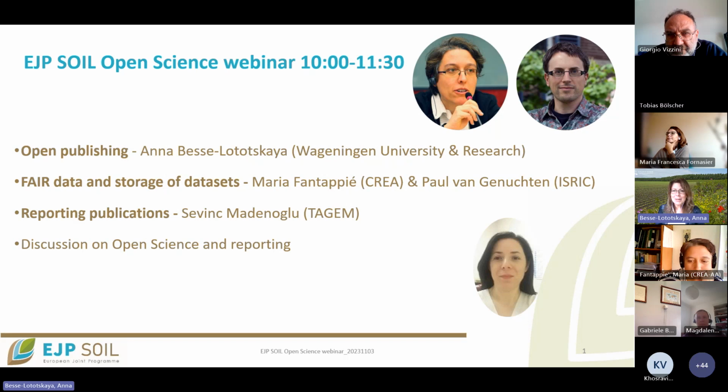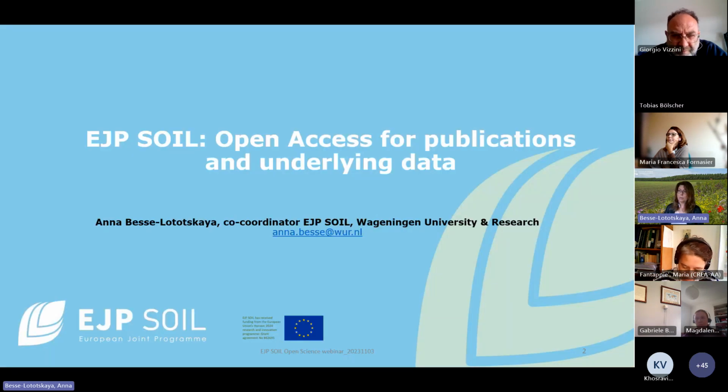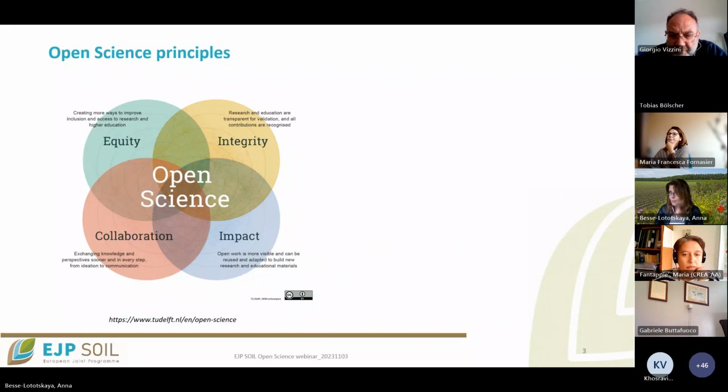So I'm going to start with the first presentation, which is open access for publications and underlying data. So to start with, what is open science, what is it about, and why do we want to use open science in our research?